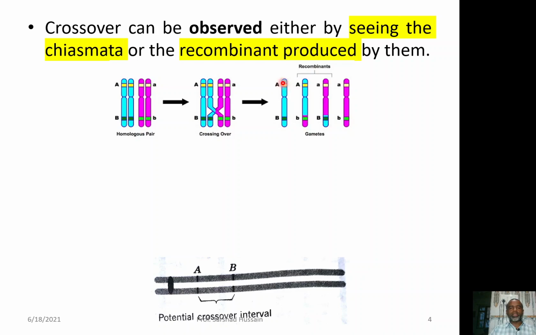When you are getting the offspring having the parental combination like this and this, it is exactly like the capital A, capital B, small b, and you are getting the new combination also, which is called recombinant, like capital A, small b, small b, which has developed because of the crossing over. So, while looking at the recombinants, you can say that yes, crossing over has taken place.